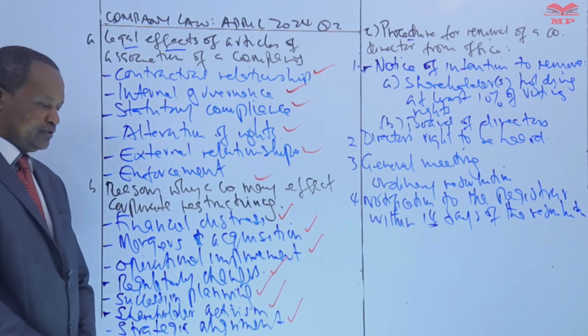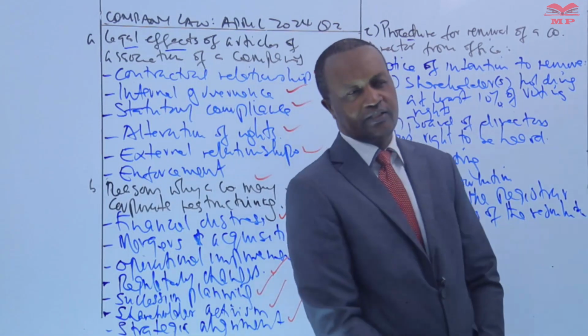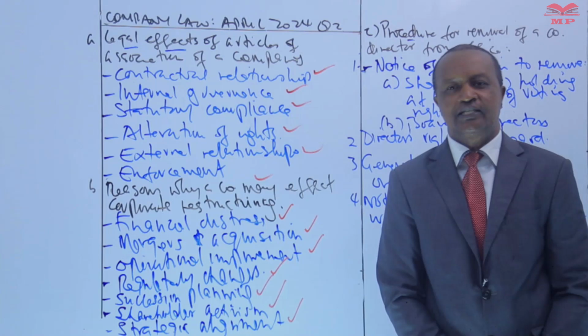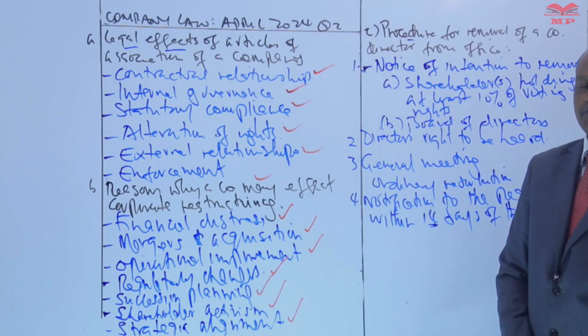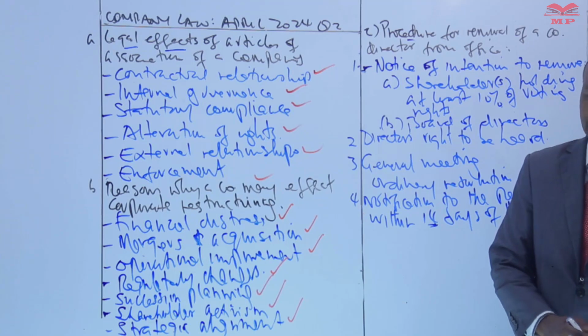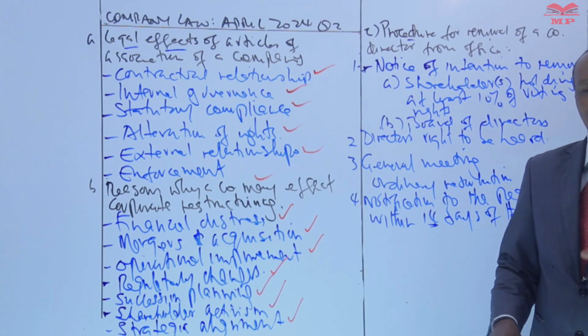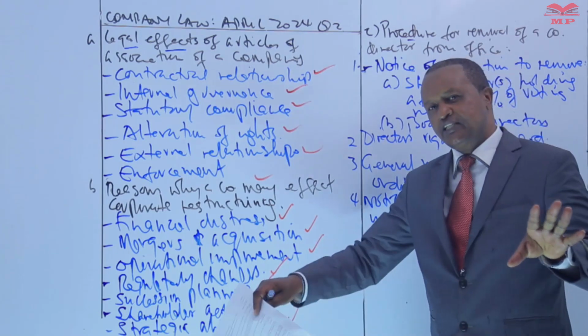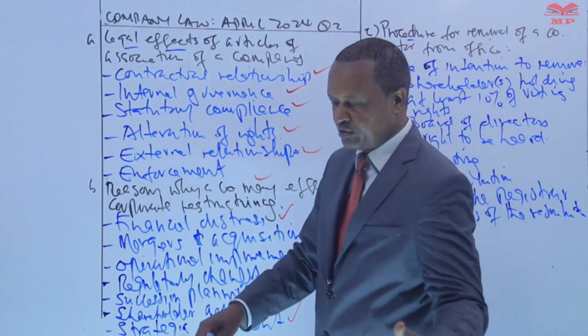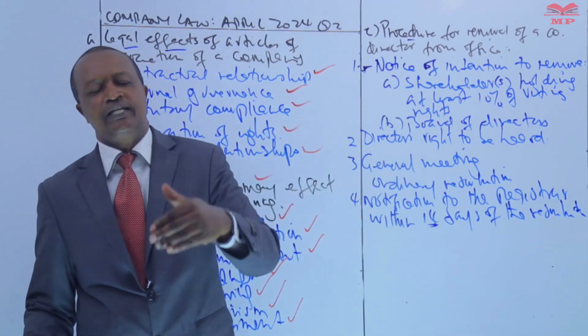You understand? But of course, there could be additional things that have to be considered in removing a director, one of which is in relation to the Articles of Association. The Articles of Association may contain additional provisions or requirements relating to the removal of the director.